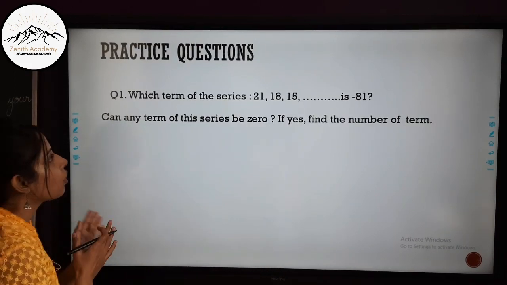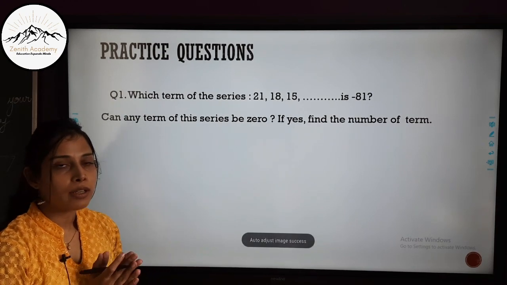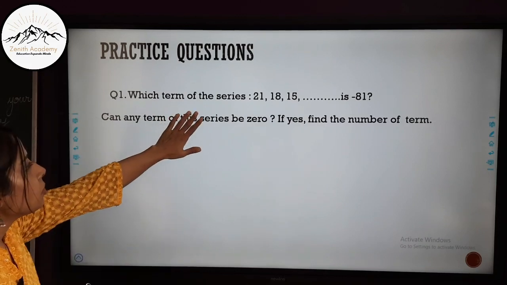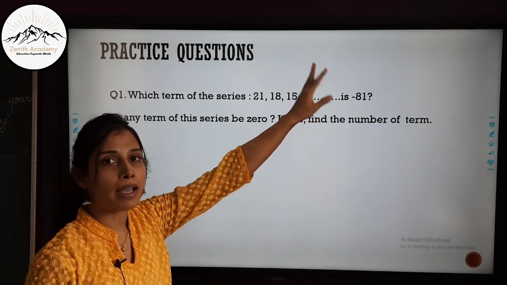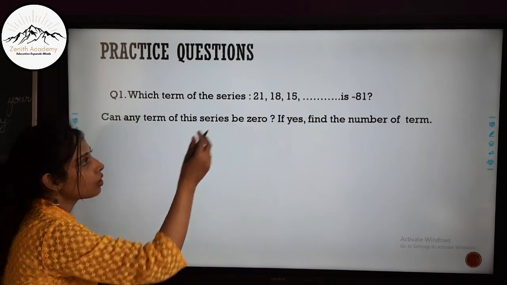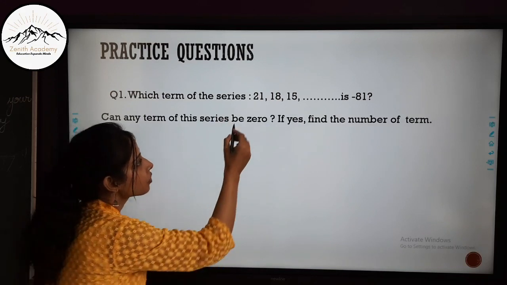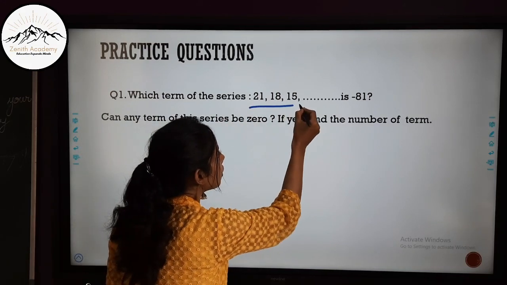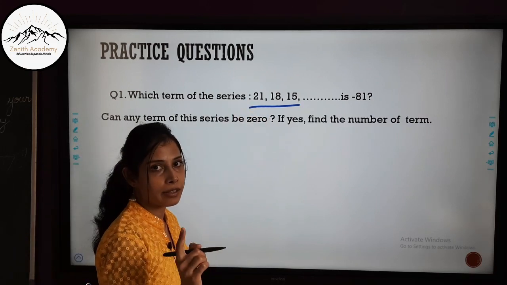So now we head on to some practice questions to understand this topic better. Which term of the series 21, 18, 15 is minus 81? Now as we have read the points to remember, see this sequence. This is in decreasing order. Here our D will be negative.